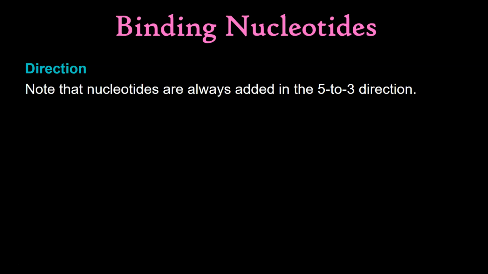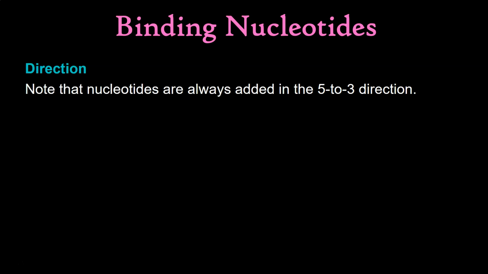And if you remember back to videos ago, we named the numbers of carbon atoms in the deoxyribose sugar ring 1 prime, 2 prime, and so forth. And that means that each backbone of DNA has a direction.